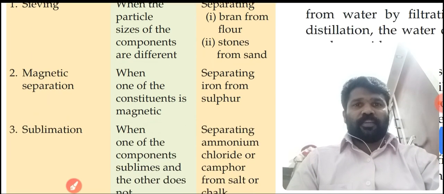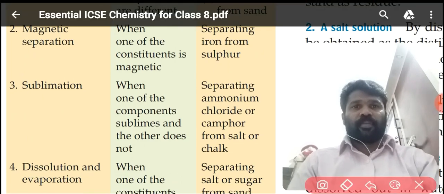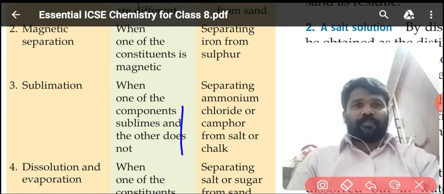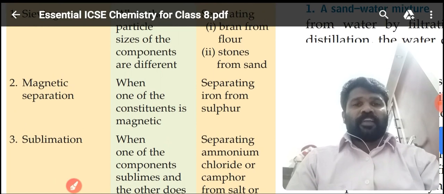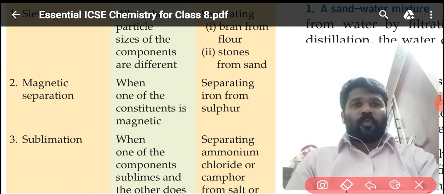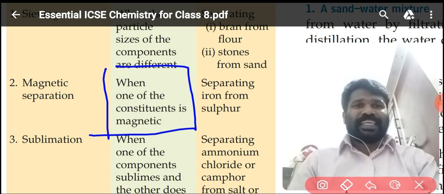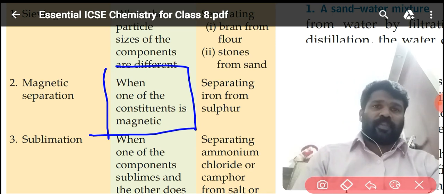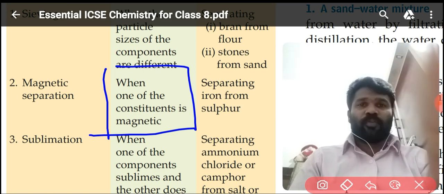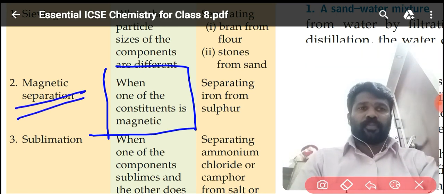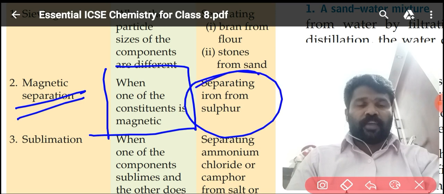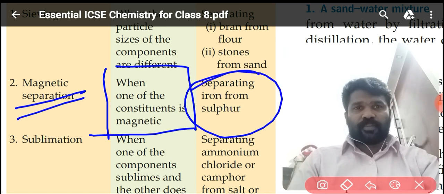Second method is magnetic separation. Magnetic separation is applicable when one of the constituents is magnetic. Example, separating iron from sulfur.